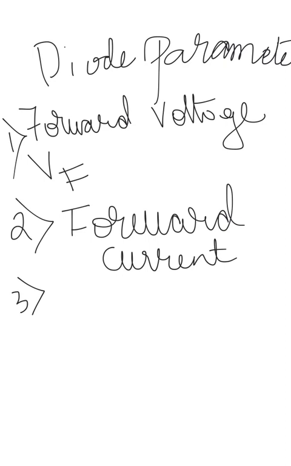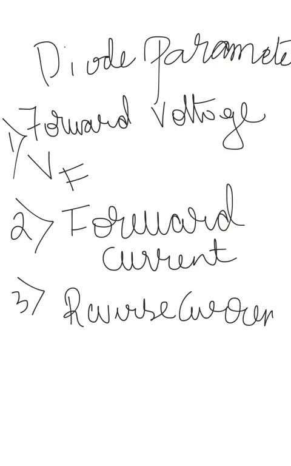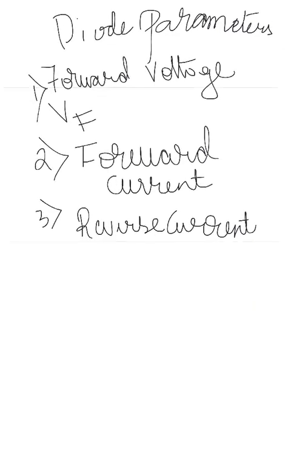The third parameter is reverse current. It is the current flowing through the reverse-biased diode due to the minority carriers, measured in microamp or nanoampere.